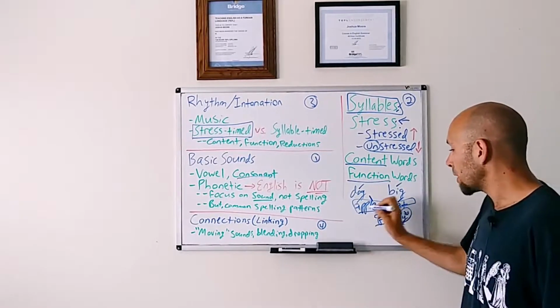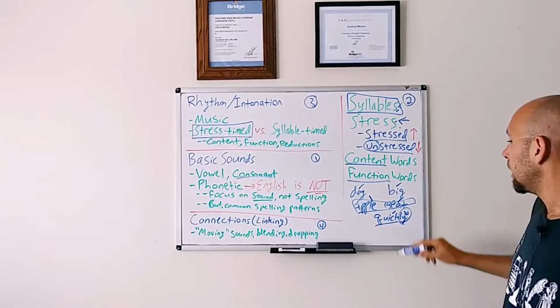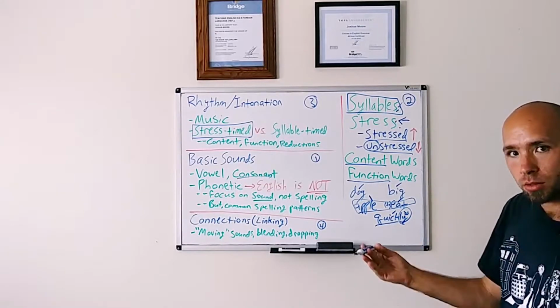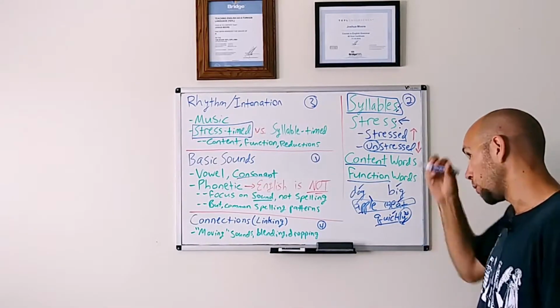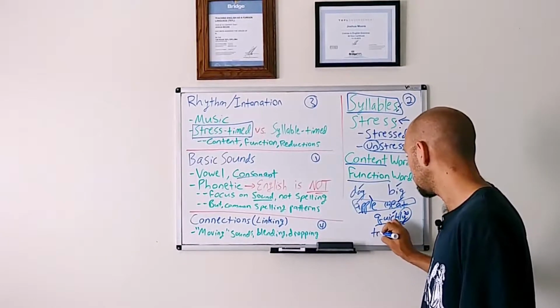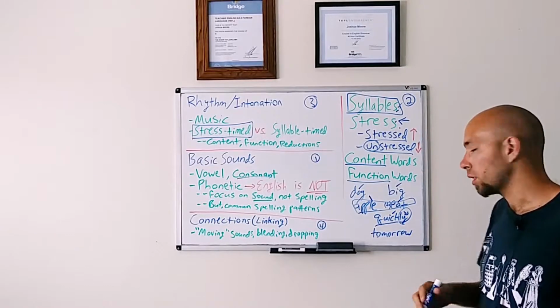If you have more than one syllable, like apple or quickly, in this case, both the first syllables are stressed. But we can have a word, for example, tomorrow, which we just saw a little while ago.